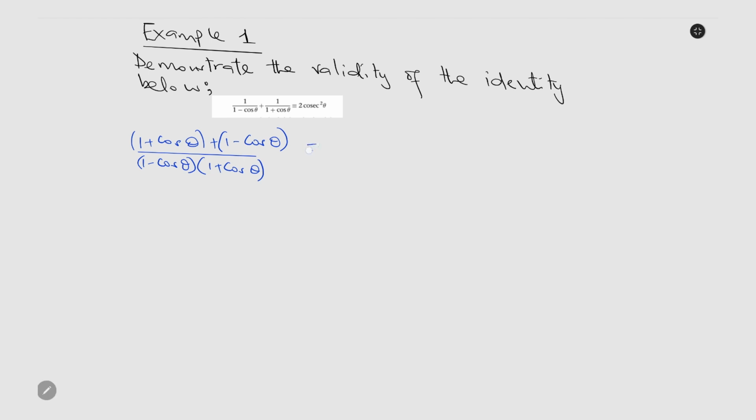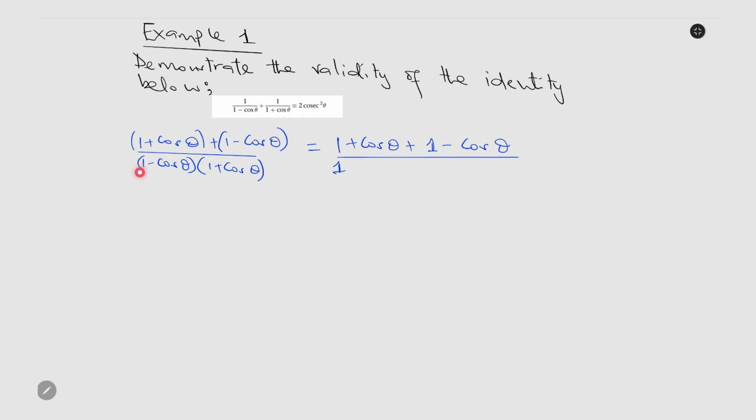Okay, so if I open the brackets, I will have 1 plus cos theta plus 1 minus cos theta, all these over, so 1 times 1, I have 1.